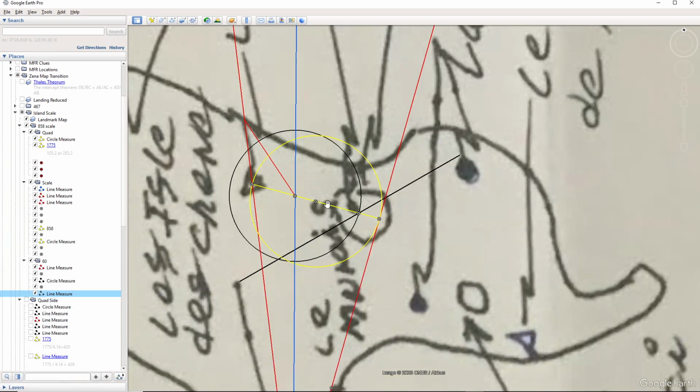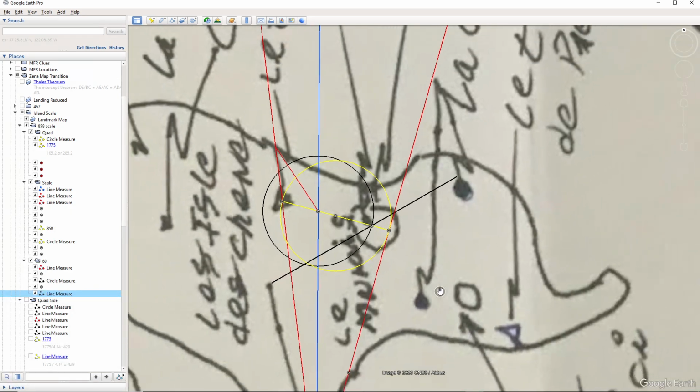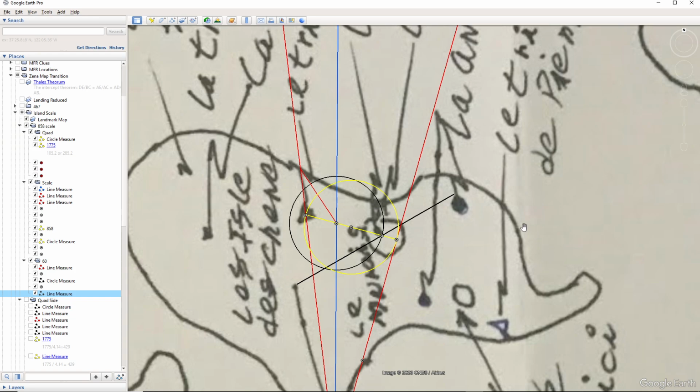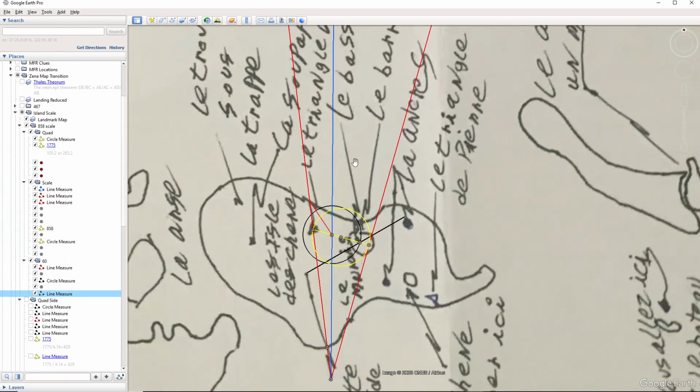So this is actually island scale. This is actually the island itself overlaid on Google Earth. But this theorem works at any proportion. You'll still get the same ratio, which is 4.14 of the quadrant dimension.